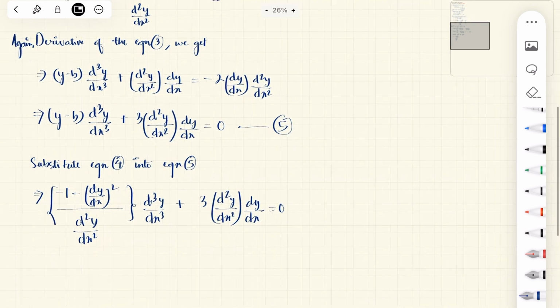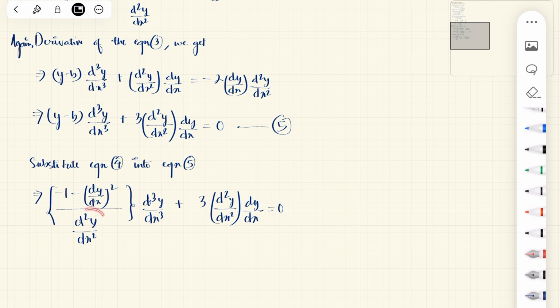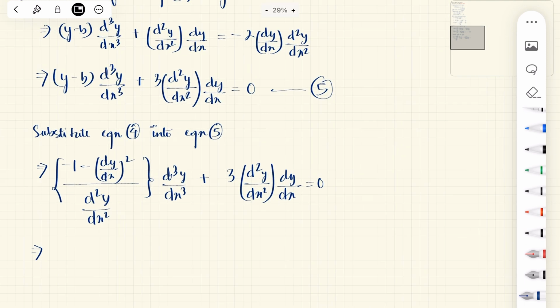Yes or no? So what about if I simplify? If I do the simplification, this will come here and it will become a cube, and if I put it here, it will become 0. This is an example for you, I'm writing it down for you only.